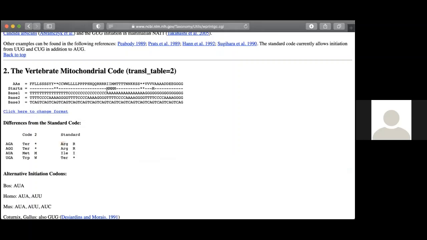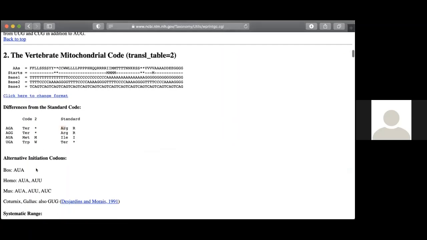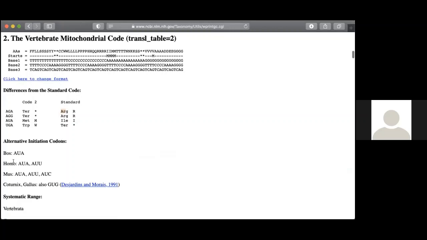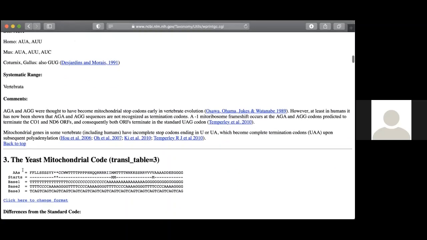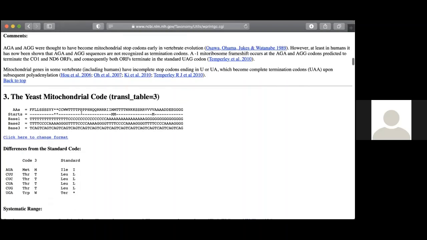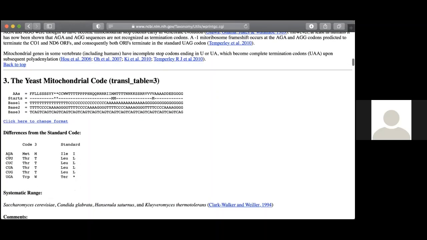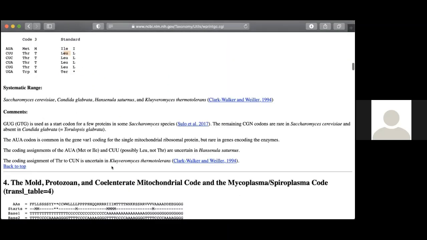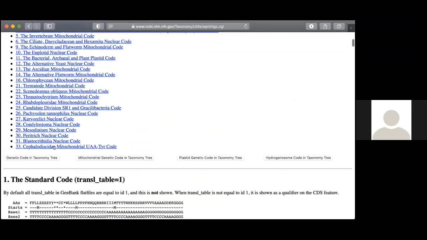In the vertebrate mitochondrial code, an alternative initiation codon for Bos taurus is AUA. Then we have the table for the yeast mitochondrial code, where in code 3 AUA codes for methionine and CUA codes for threonine, whereas in the standard code CUA is for leucine. Like that, you have 33 tables.